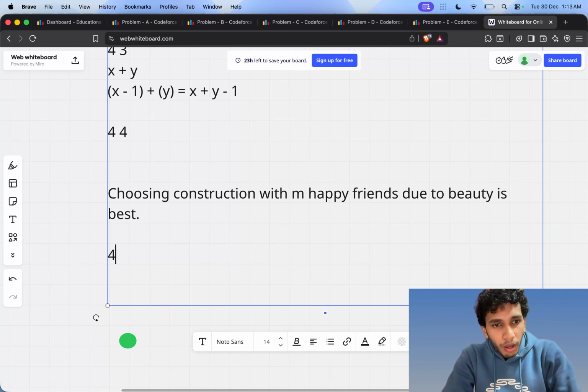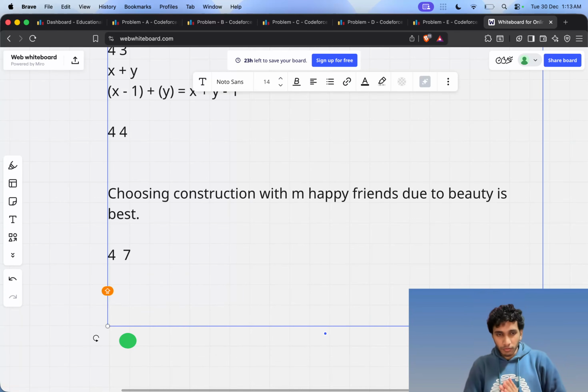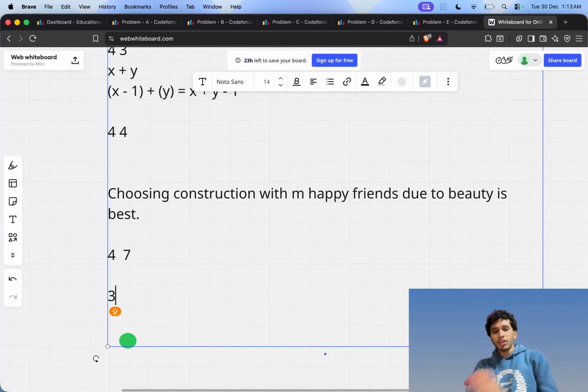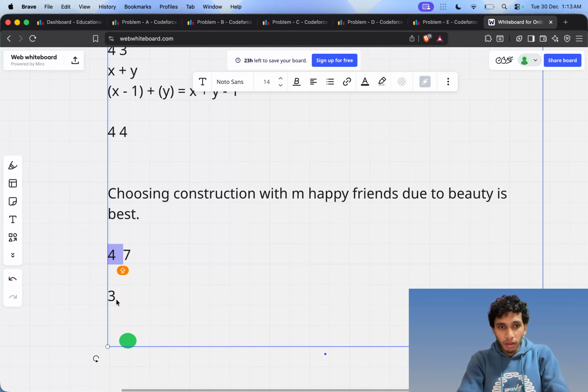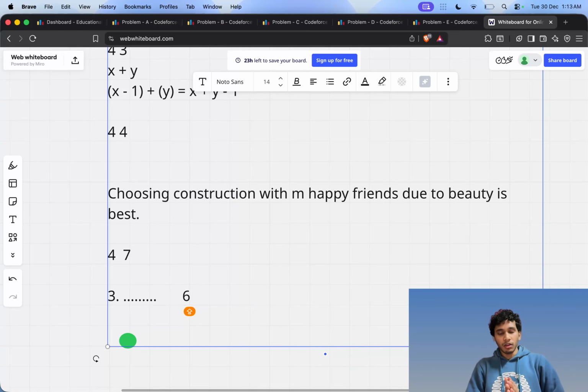If a beauty is 4 and another beauty is 7 and a friend requires 3 beauty, what is best to make this friend happy? Of course we won't use 7 here, because we have a choice where we use this 4 and we make this friend happy. Maybe later on some friend comes who requires 6 amount of beauty to be happy, so we can utilize this 7 to make this 6 happy, but we cannot utilize this 4 to make this 6 happy.